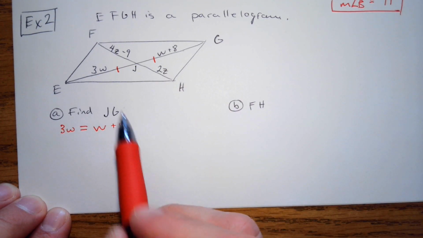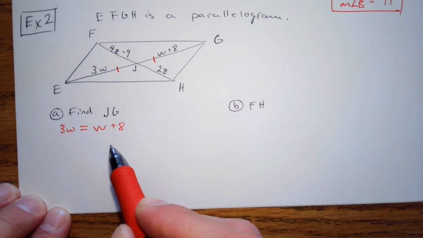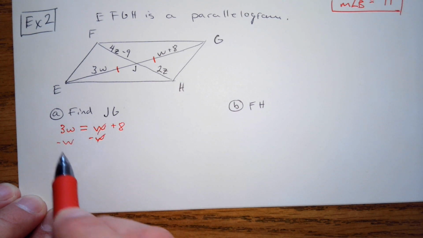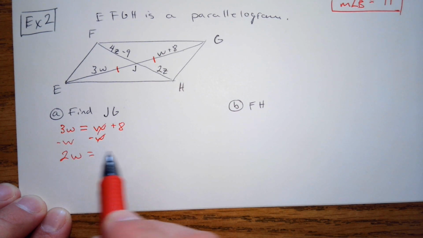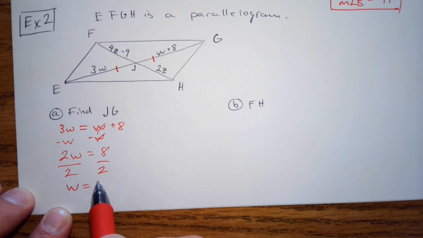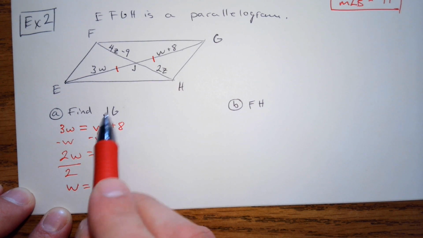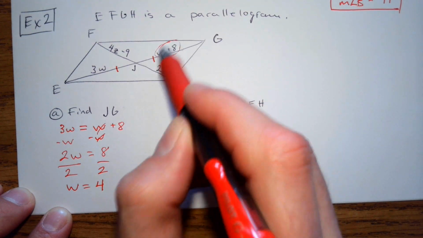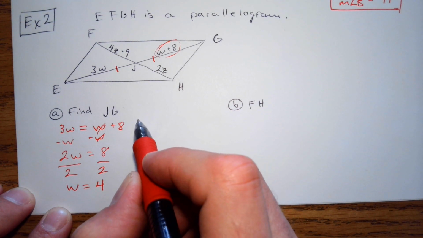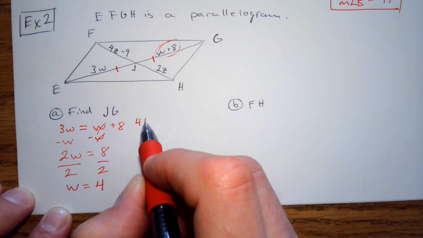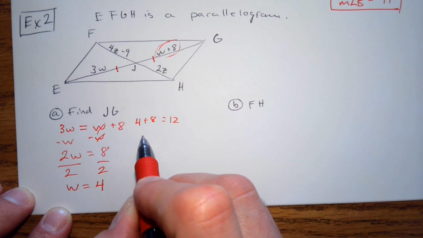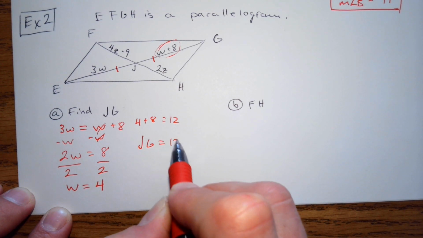Minus W to both sides, and I get 2W equals 8, divided by 2. W equals 4, but it's looking for JG, so I have to plug that in. 4 plus 8 gives me 12, and that means JG equals 12.